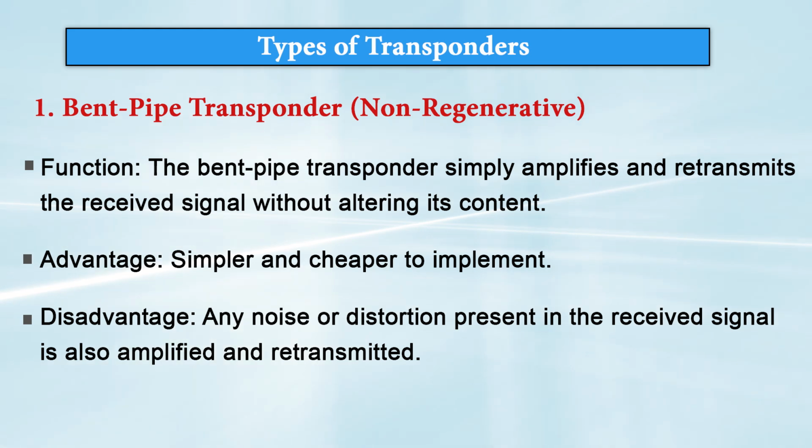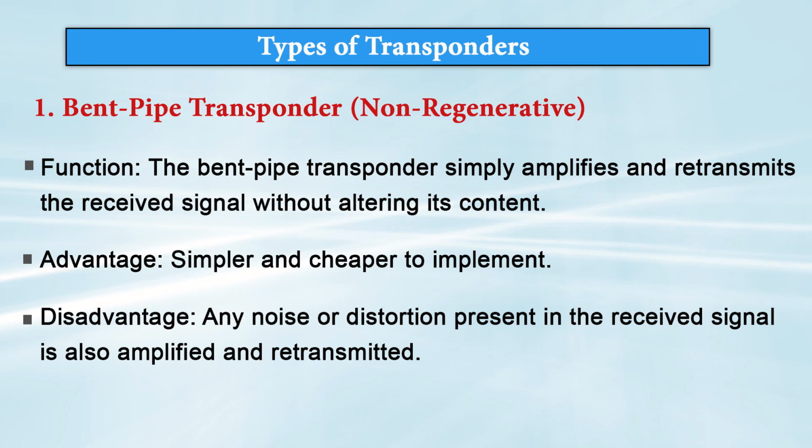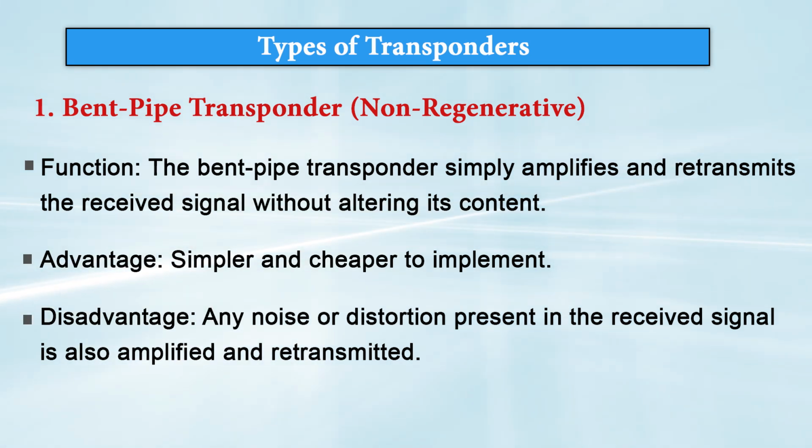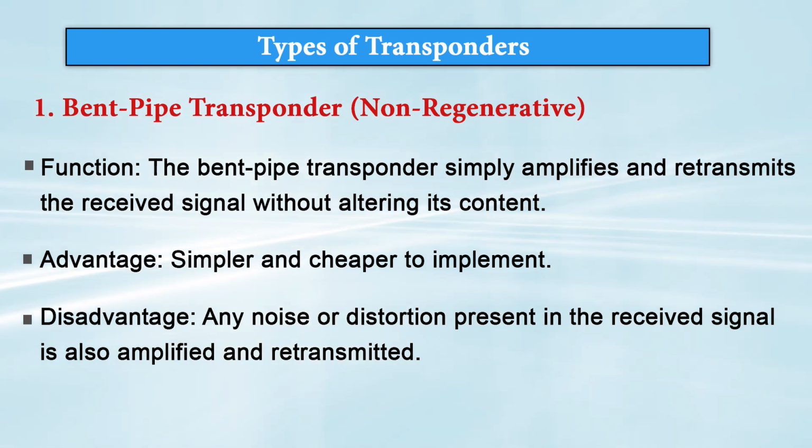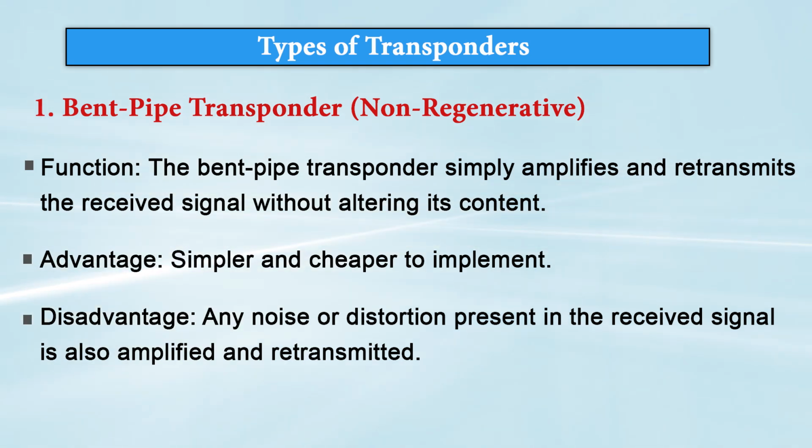There are two types of transponder: bent pipe and regenerative transponders. Each has its own advantage and drawback. Bent pipe is simpler, whereas the regenerative can improve the signal quality by removing accumulated noise and errors.